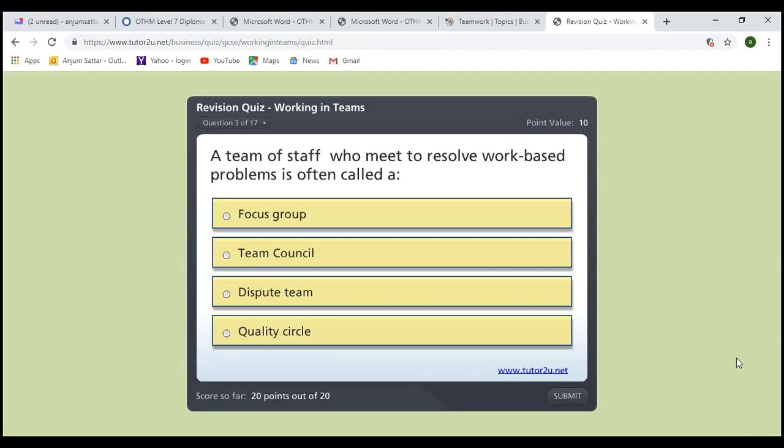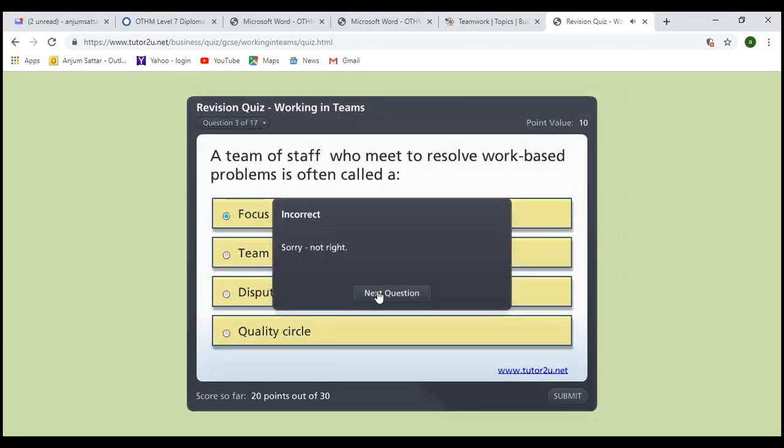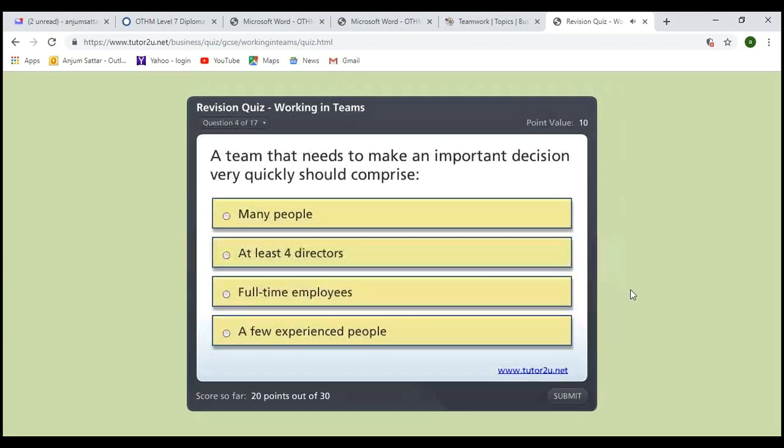Next, a team of staff who meet to resolve a work-based problem is often called? It could be focus group. It can be focus group. No, that's not it. Next, a team that needs to make an important decision very quickly.